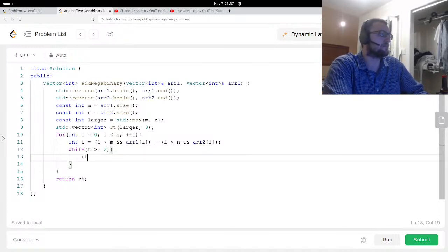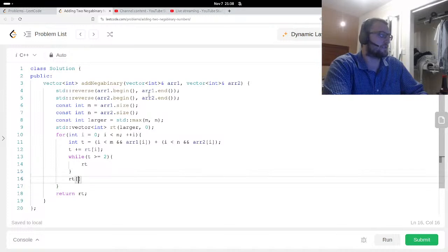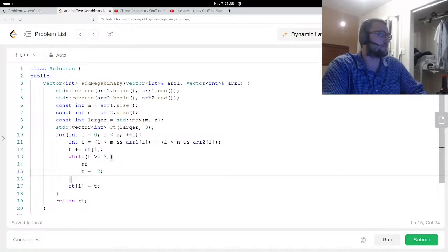Say that RT of I as well. So RT of I is equal to T. T minus equals 2. RT of I plus 1.